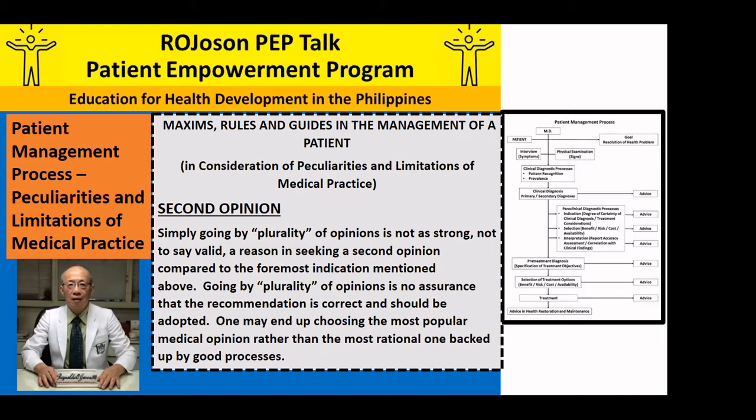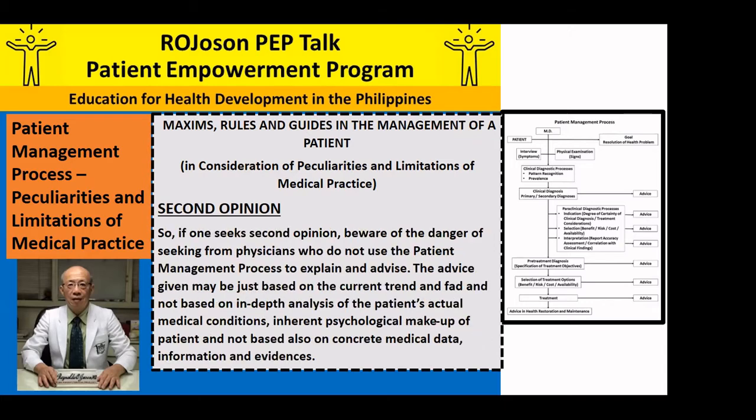The foremost indication, as mentioned, is that a physician is not explaining the process well. Going by plurality of opinions is no assurance that the recommendation is correct or should be adopted. One may end up choosing the most popular medical opinion because of the plurality rather than the most rational one backed up by good processes.